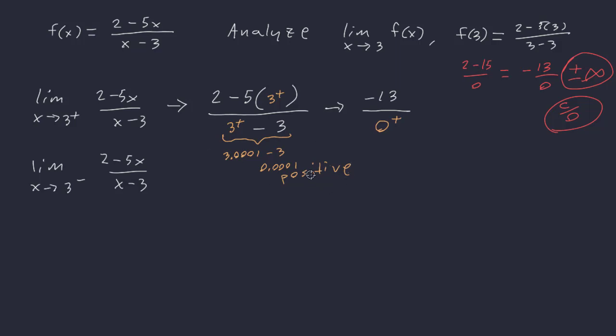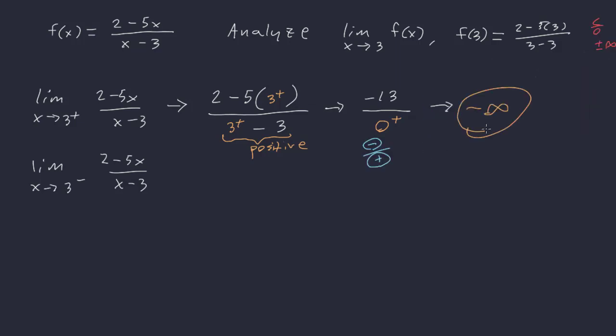So that's really what matters here. Okay, so I have a negative over a positive. Negative over positive is negative. So this side we have negative infinity.